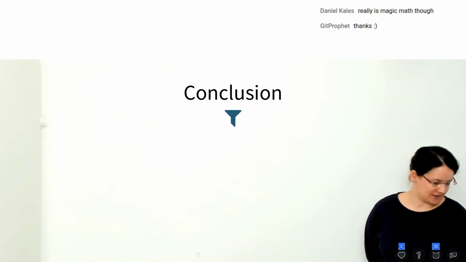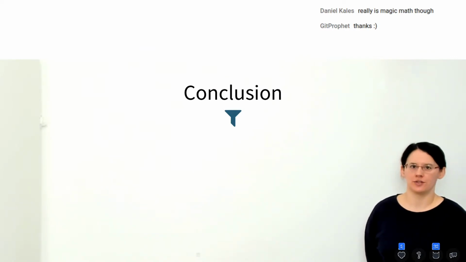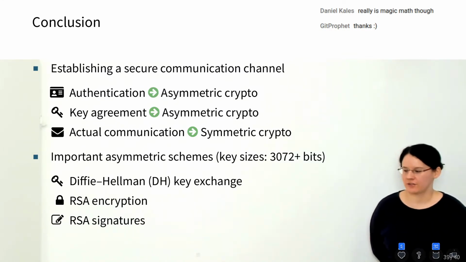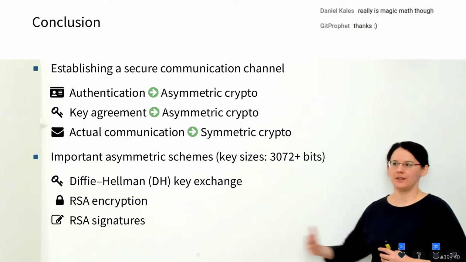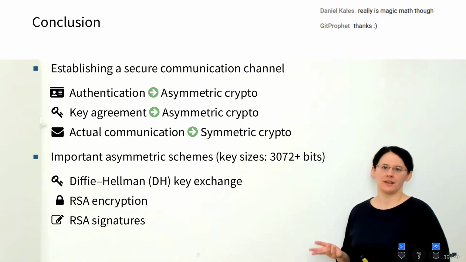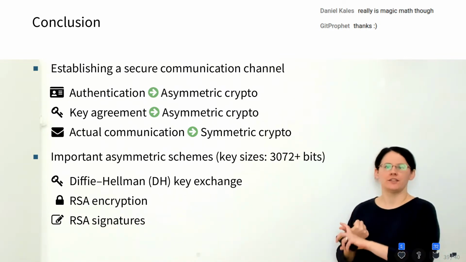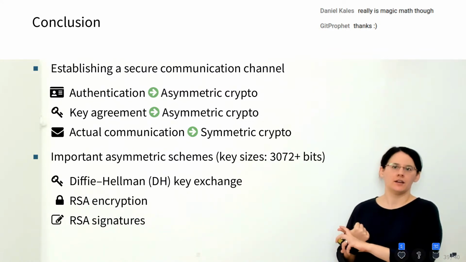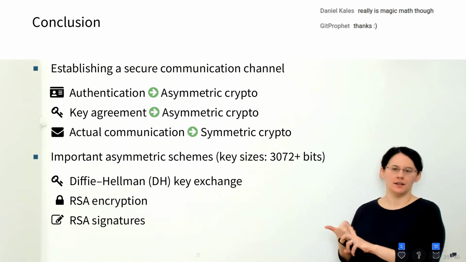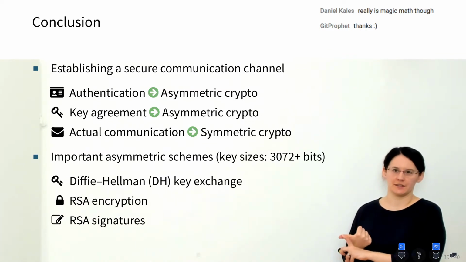Okay, that leads me to the conclusion for today. So what did we see? We first saw that when you actually try to communicate with someone, to build up communication, you do 3 steps. You first authenticate to each other. You can do this by showing a certificate with signatures. We will see that next week, so the details of the certificate stuff.